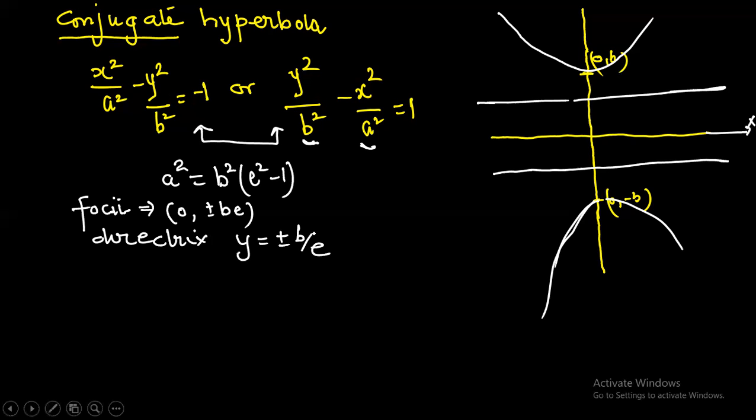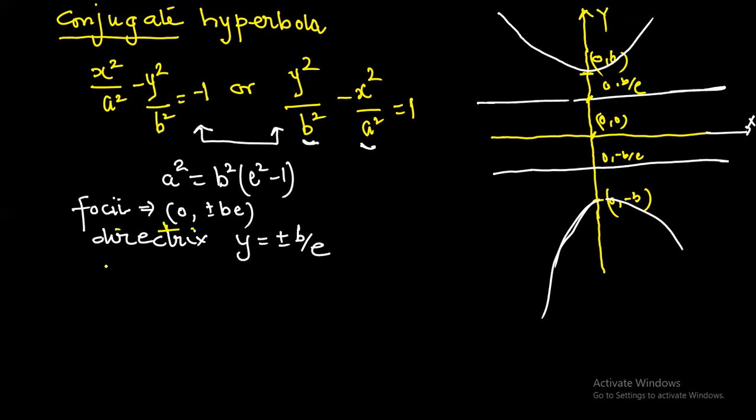It means it cuts the y-axis at 0 comma b by e and 0 comma minus b by e. This is the y-axis. This is 0 comma 0. This becomes the directrix.